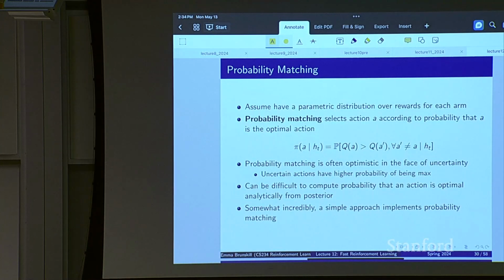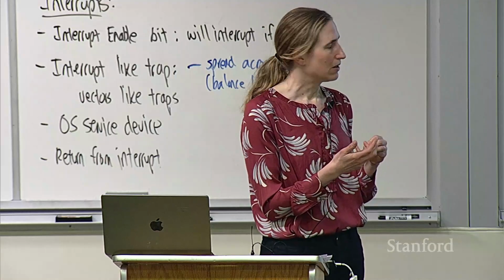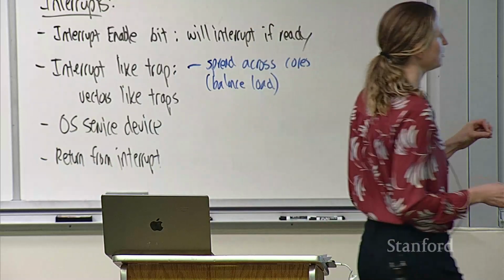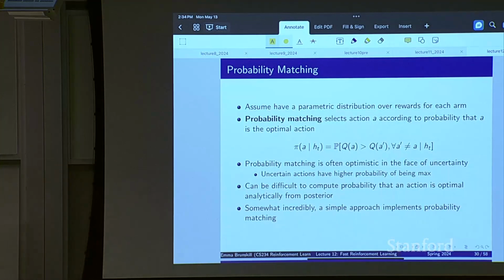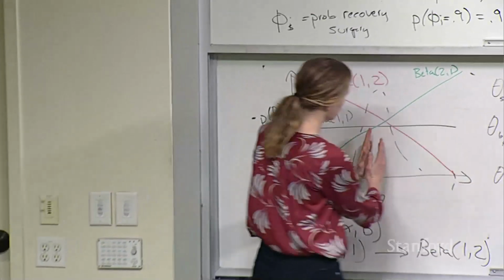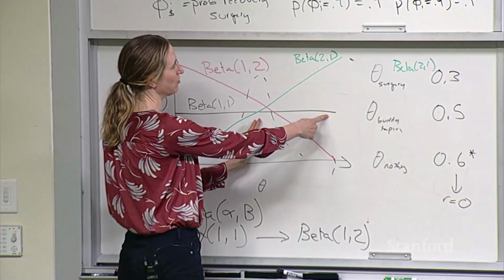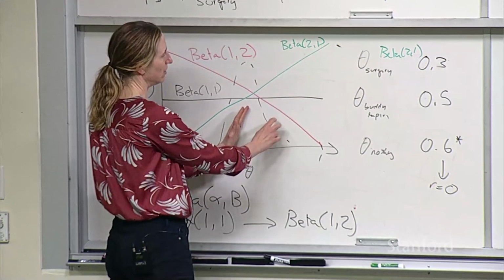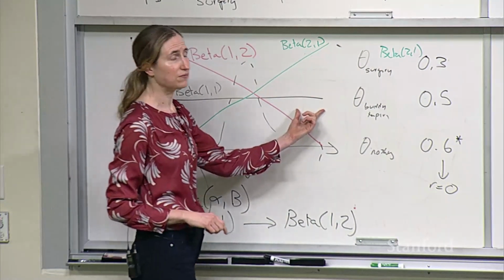And it'll often end up being optimistic in the face of uncertainty, because we're doing an argmax with respect to our empirical estimates. In general, uncertain actions have a higher probability of being the max. So if you are really sure that your parameter is at 0.5 and you have another parameter you have very little information about, like a beta 1,1, then you're more likely to accidentally sample a much higher value for that parameter.